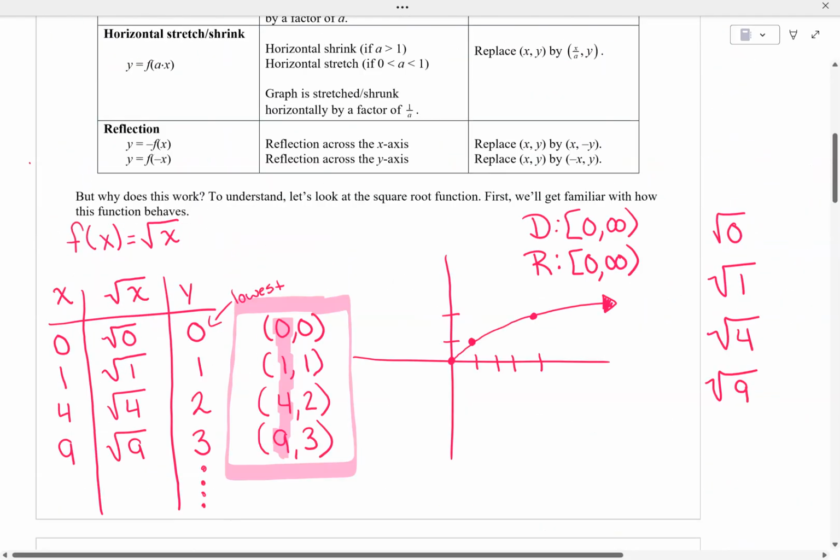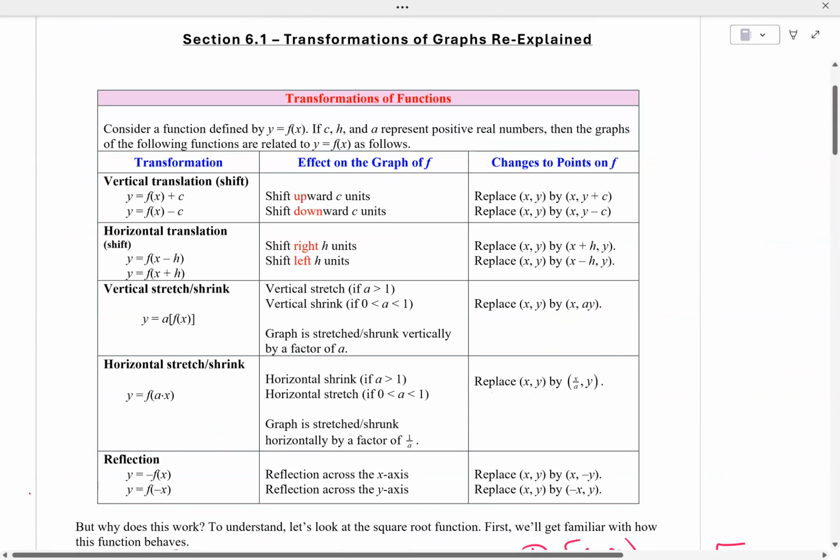Okay, so if I came back up to that first page, notice shift up, shift down, changes in the y values. Notice none of our x's changed at all.